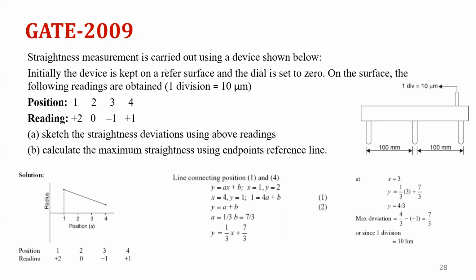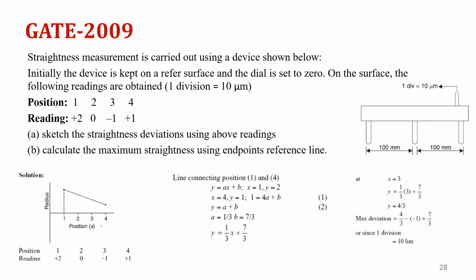Next, straightness measurement is carried out using a device shown below. Initially, the device is kept on a reference surface and the dial is set to 0 on the surface. The following readings are obtained at different positions. At 4 positions we got the readings. We need to sketch the straightness deviations using these readings.